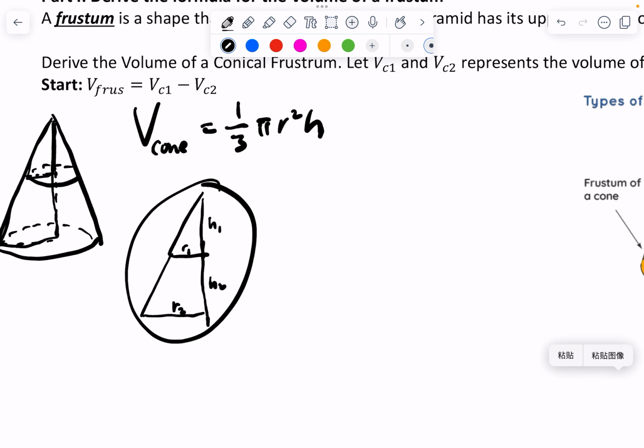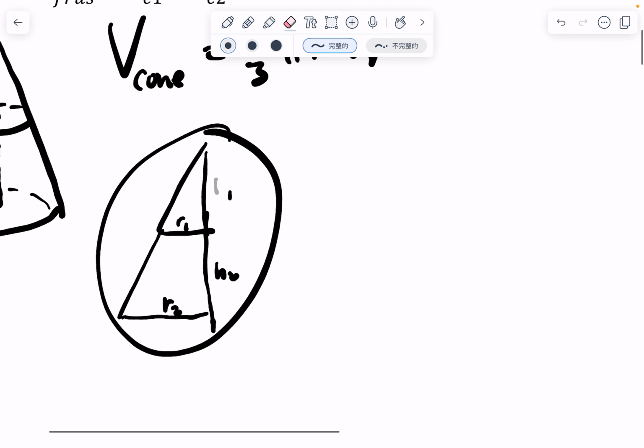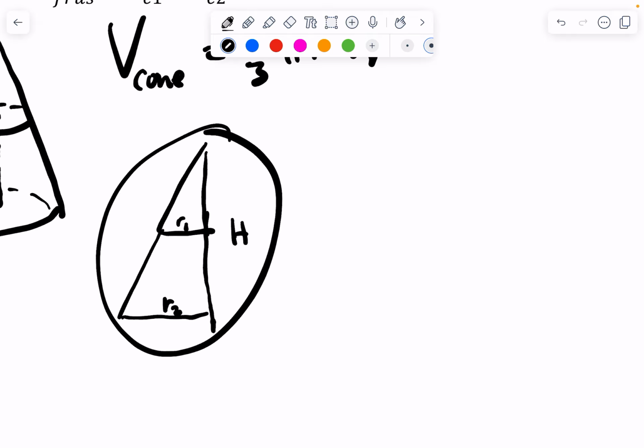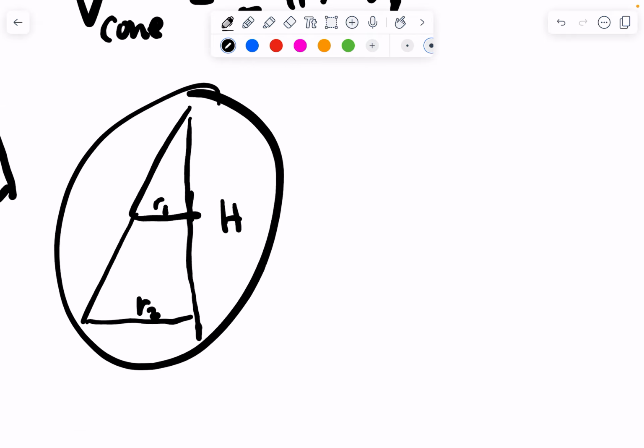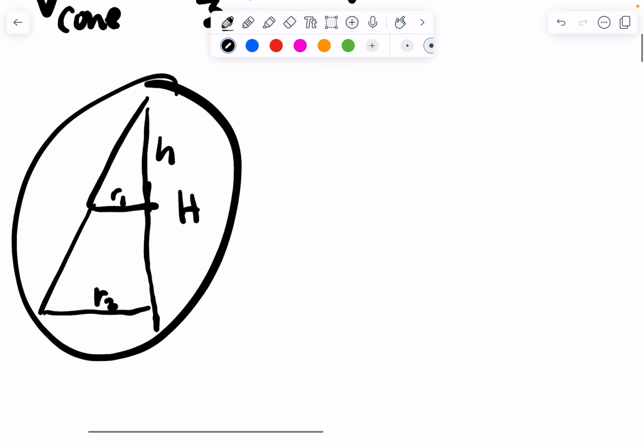So in here, we want to express the full height as big H, and we want to derive that in terms of r1, r2, and the top height, which is small h.